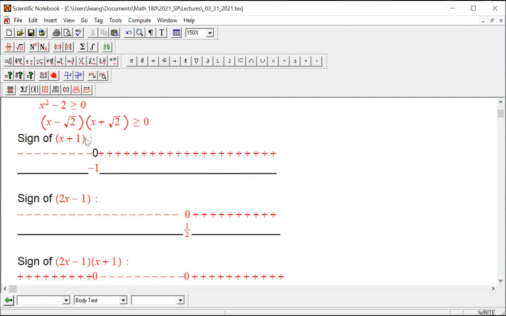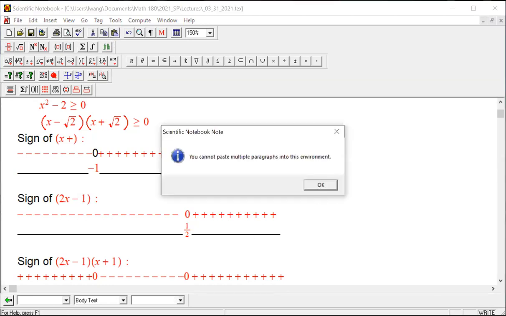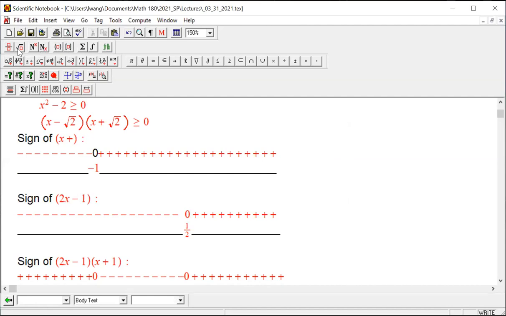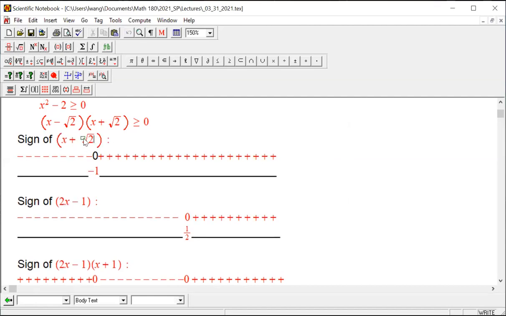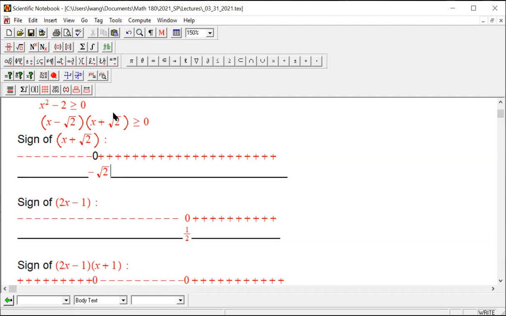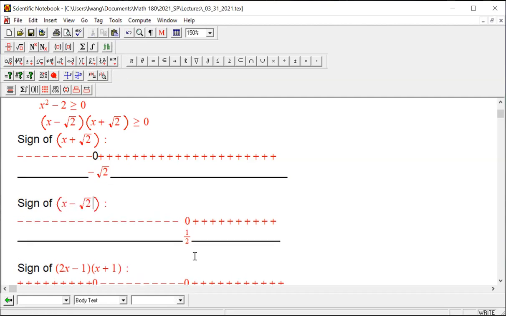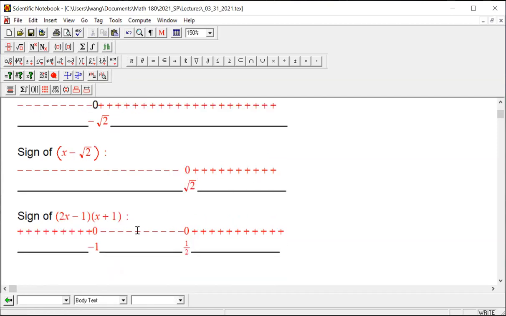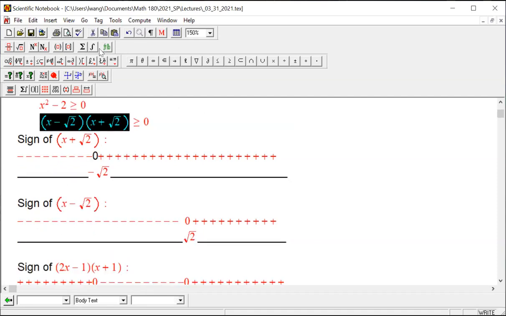This is going to be plus root 2, and this is going to be root 2 minus root 2, and this is x minus root 2, and this is root 2. And this is going to be the product.